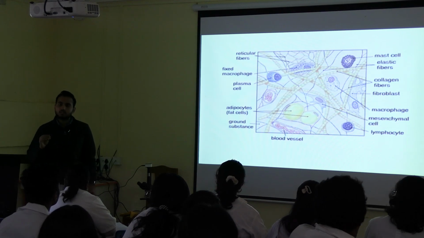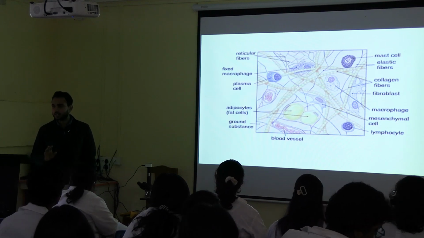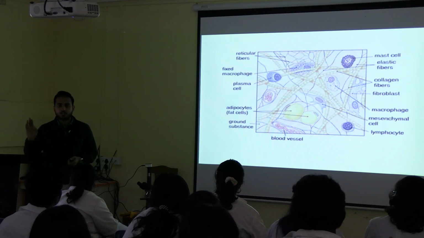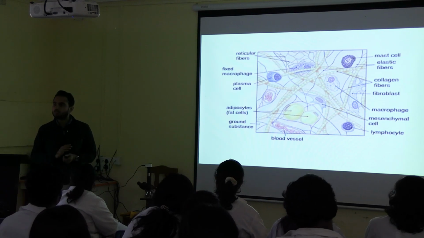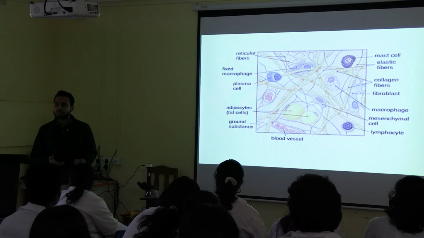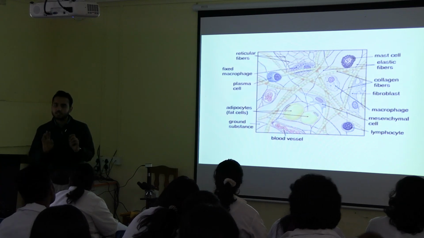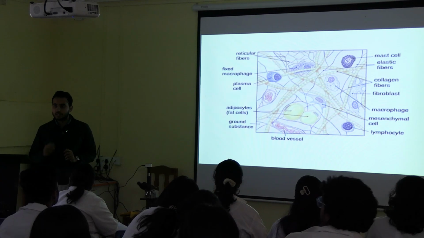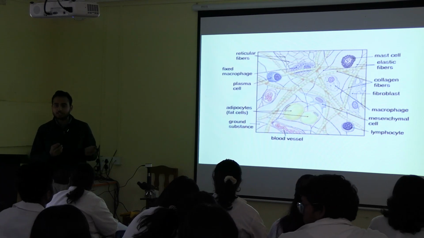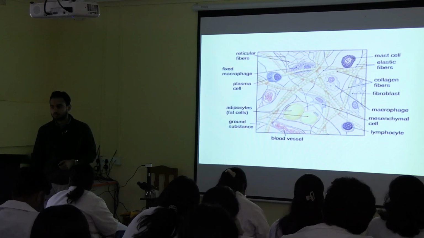Here it's very difficult to see the ground substance. As I said, it is washed away. If it is washed away, it will not be able to take the stain. If staining is not there, you can't see anything. But you have to assume that yes, this ground substance is present, and this ground substance is holding the cells and fibers in their position.